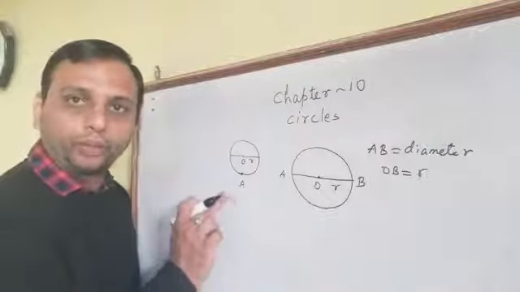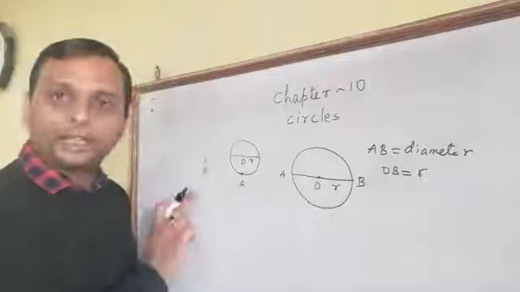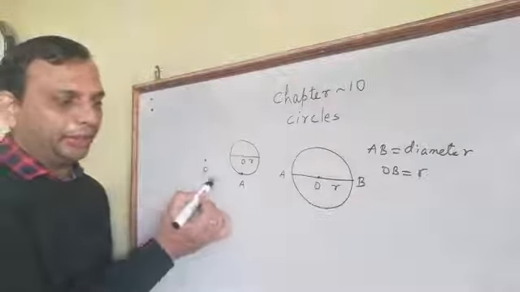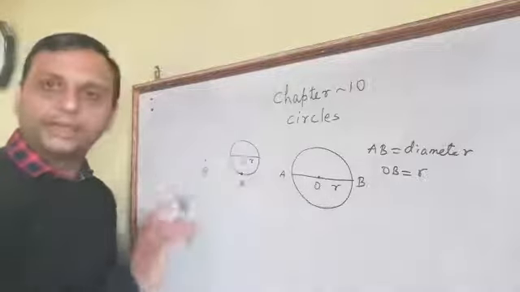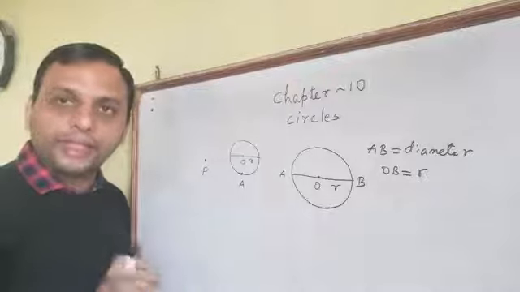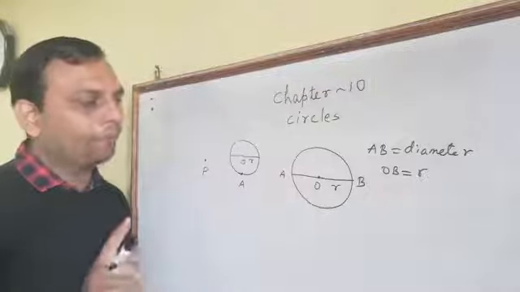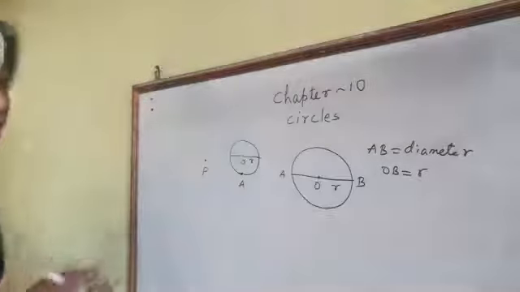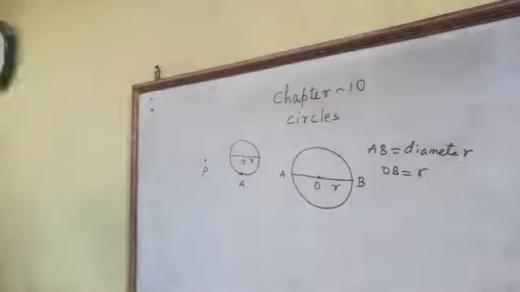This point A is on the circle, and this point P is an exterior point, because it is not on the circle, it is outside the circle. P is exterior, A is on the circle, and O, the center of the circle, is inside the circle, so it is an interior point. A circle divides a plane into three parts: interior, on the circle, and exterior. We'll see those parts also.